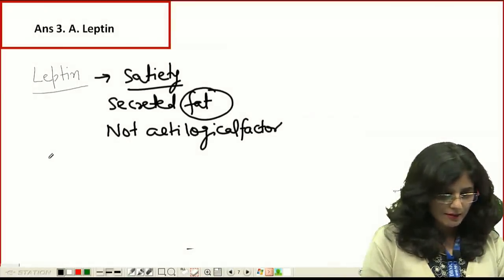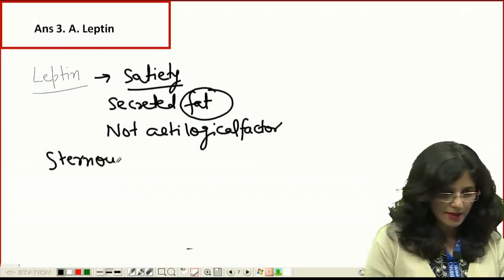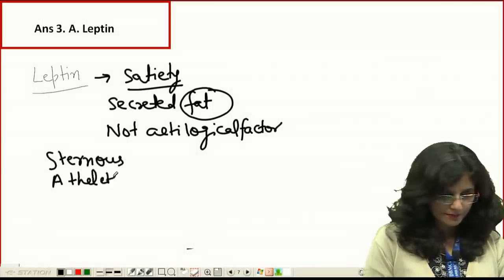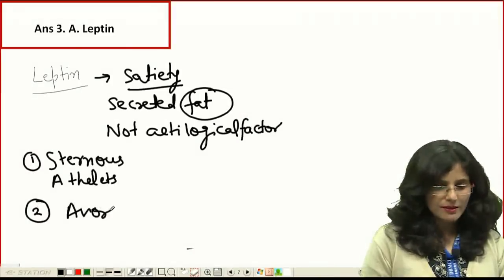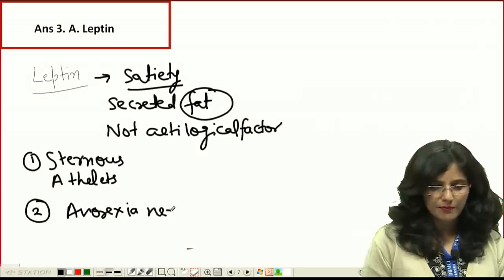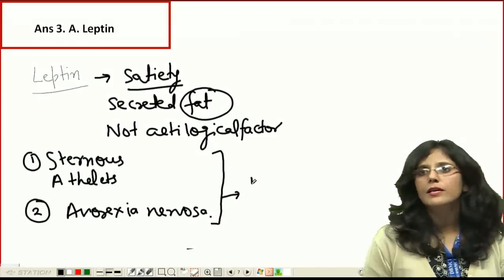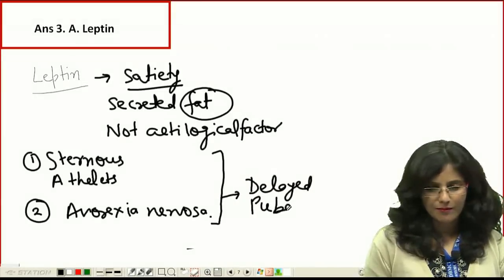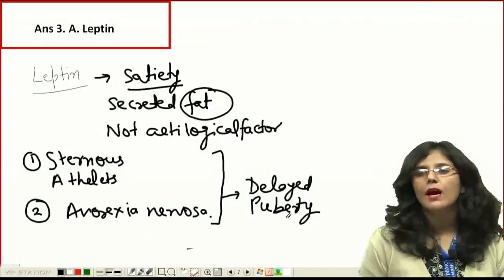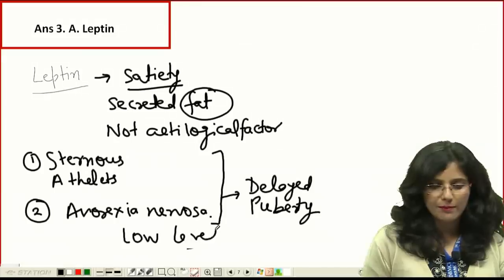And it is seen that females doing strenuous exercise, like athlete ladies, and ladies with anorexia nervosa, have delayed puberty. And it is found that they have a low level of leptin also.